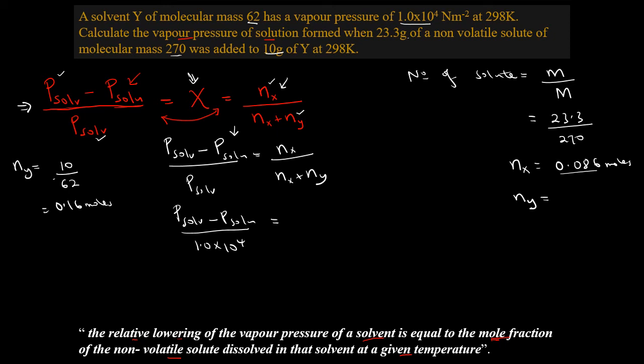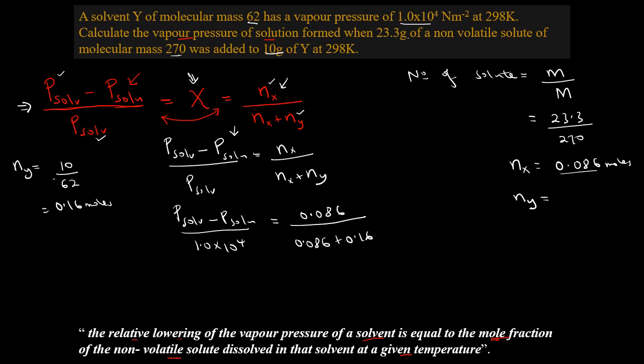This is equal to 0.086, the number of moles of our solute, divided by 0.16 plus 0.086, that's our denominator.